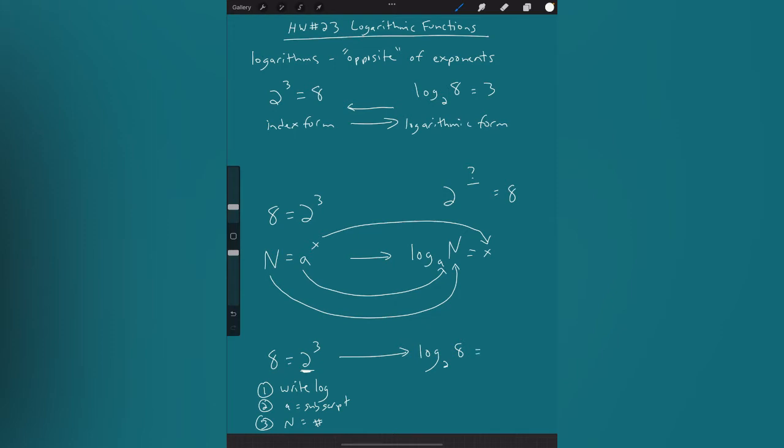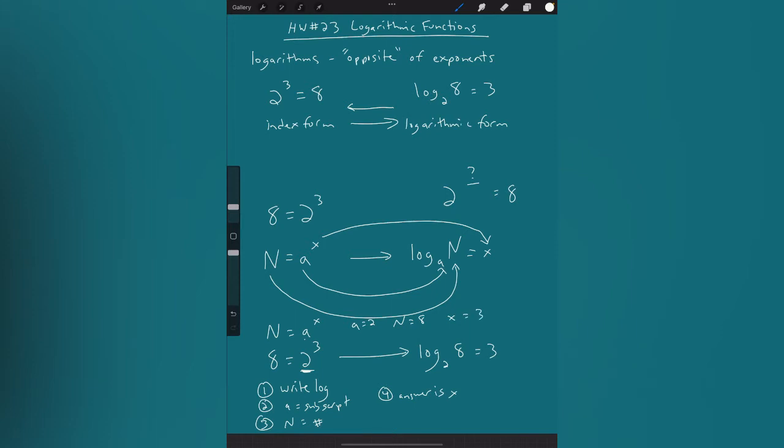And then the answer is x, so we take this 3 and move it there. Remember, n equals a to the x power. In this case, a is 2, n is 8, and x is 3.